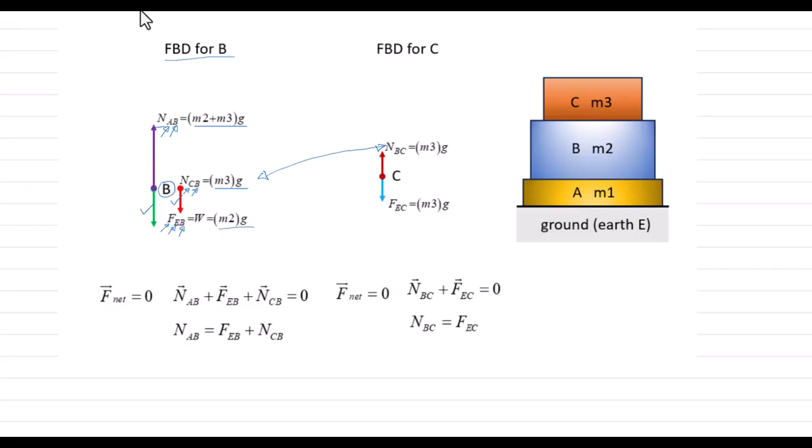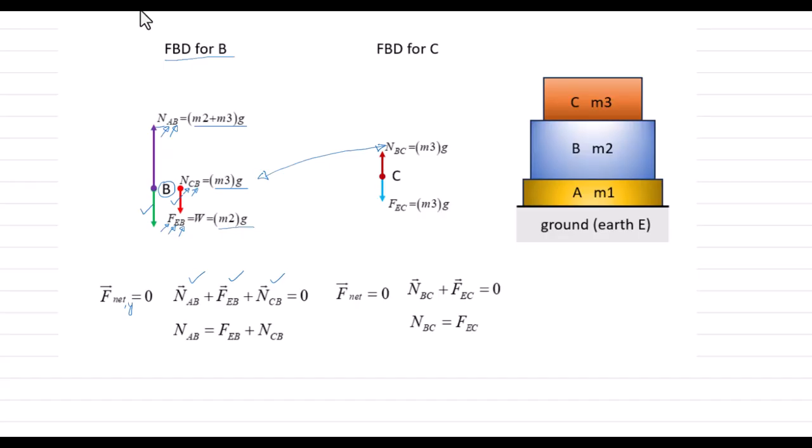So in terms of the equation, that remains the same. F net in the y direction will be equal to 0, which means the sum of the three vectors NAB plus FEB plus NCB equal to 0. Now that is possible only when the sum of the magnitude of the forces in the vertical up direction is equal to the sum of the magnitude of the forces in the vertical down direction.